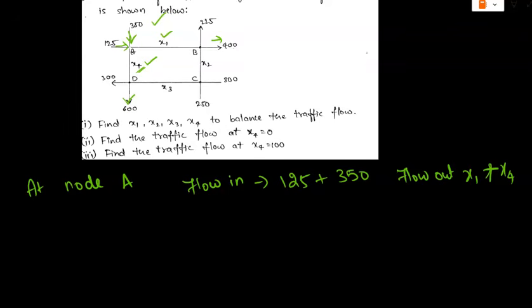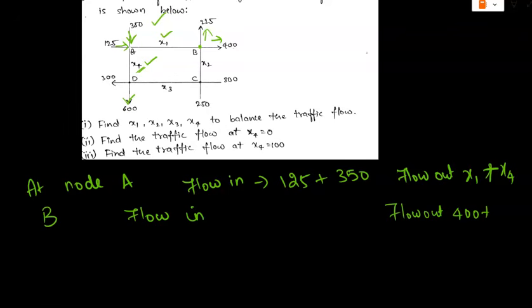Similarly at each point, say at node B, what is the flow in? If you see, 400 is going out, so I will write 400 at this place, flow out.